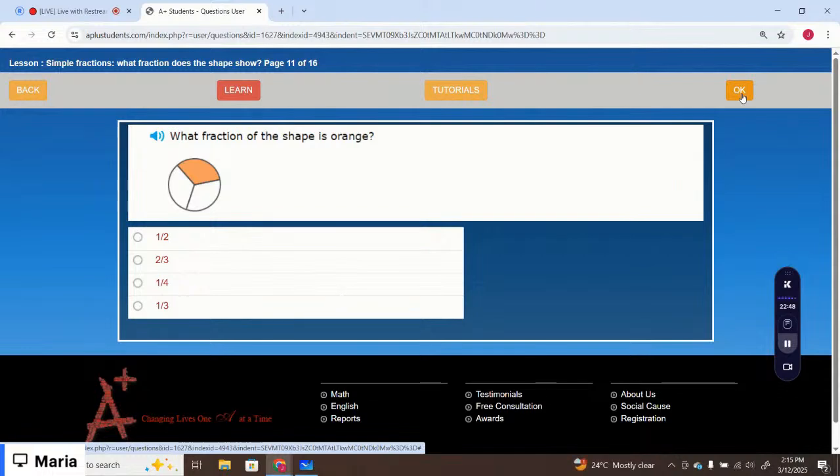What fraction of the shape is orange? Again, that is 1 out of 3 because the shape has 3 equal parts. Only one of them is orange, so that is 1 out of 3. The last option is 1.